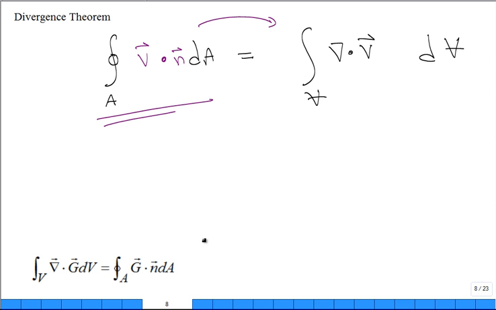This is the way it's written. I think I wrote it this way. So you have the integral with the circle through it. What's that mean? Closed surface area integral. You have some generic G. G for generic. V I use for velocity, but G is a generic vector field. What is this n? Unit normal vector, outward directed, perpendicular to my surface.